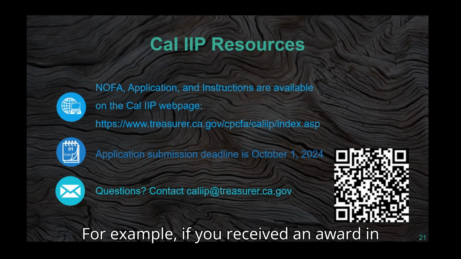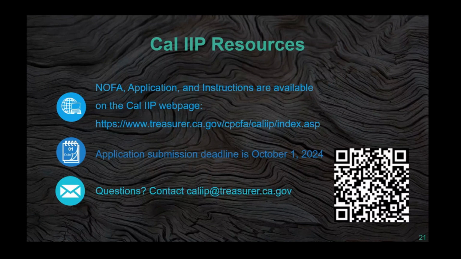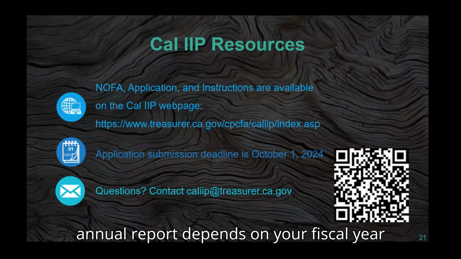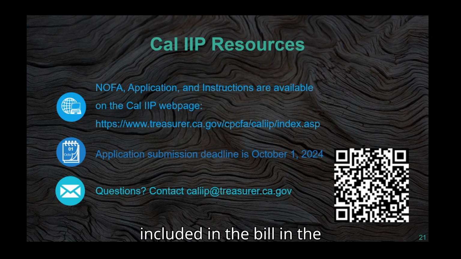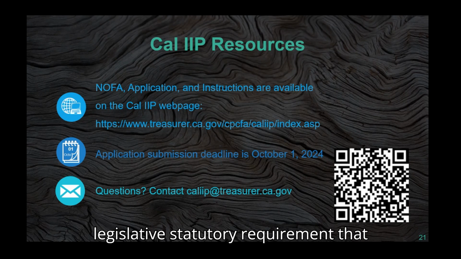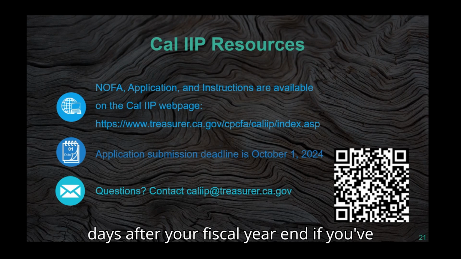For example, if you received an award in the first round in February of 2024, the deadline for you to submit your annual report depends on your fiscal year end. That was something that was included in the bill, in the statute of the program. It's a legislative statutory requirement that you submit your annual report 180 days after your fiscal year end.